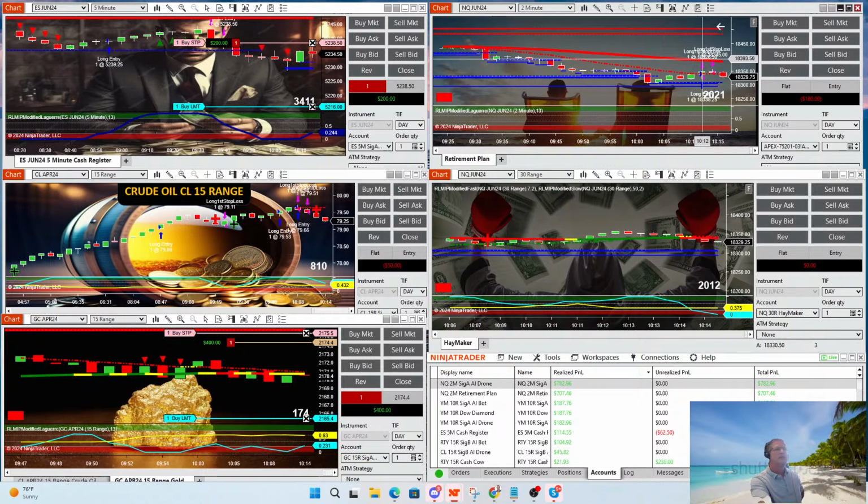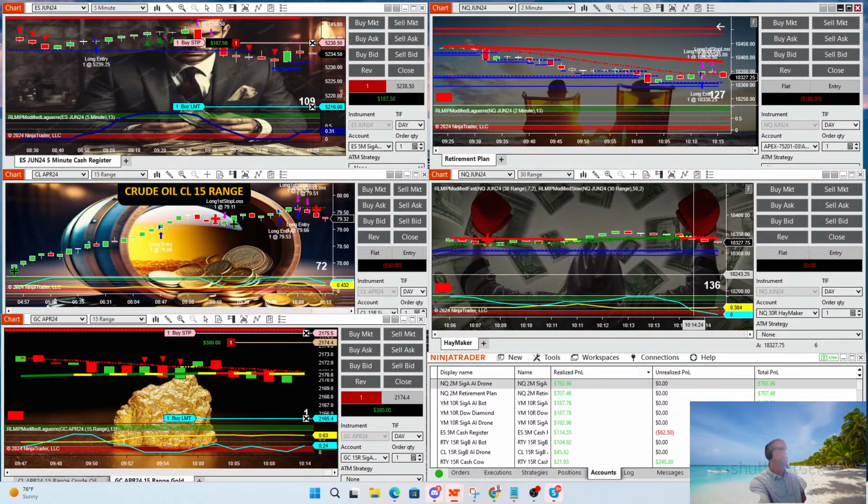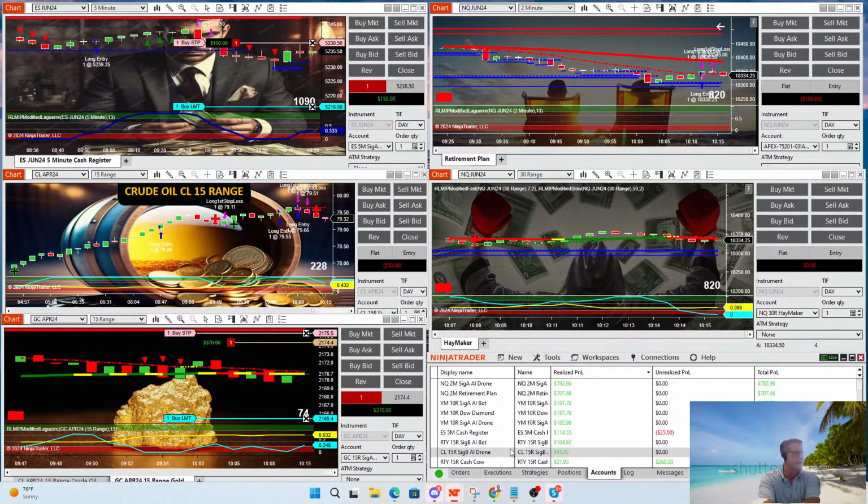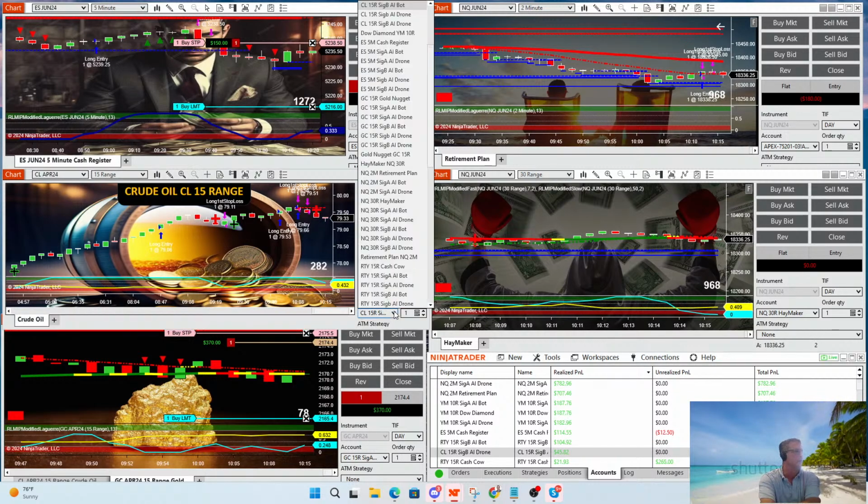I'd love to see this 2-minute jump into the short position now. ES came up and kissed my stop. Didn't fill it though. And let's see, 40 signal B, AI drone.